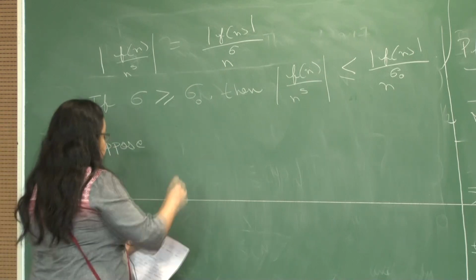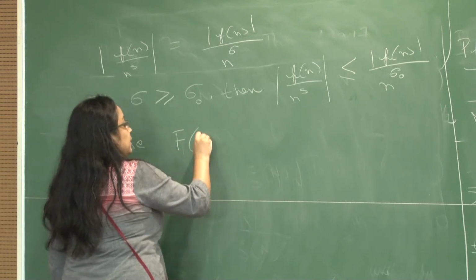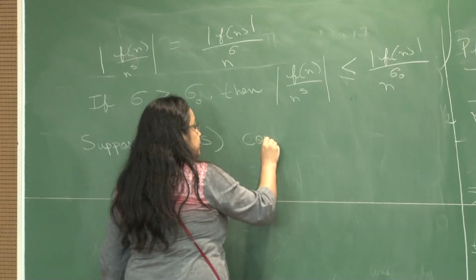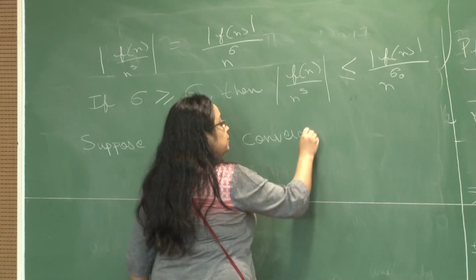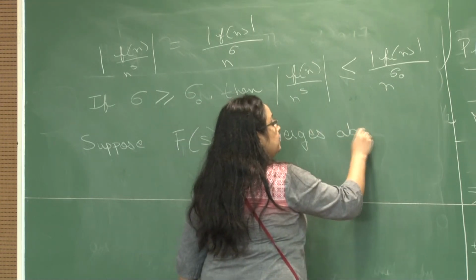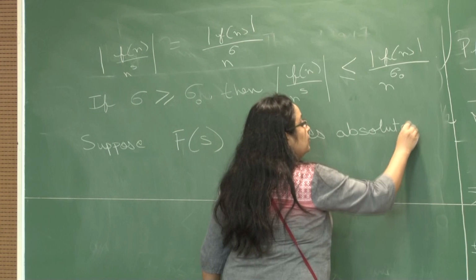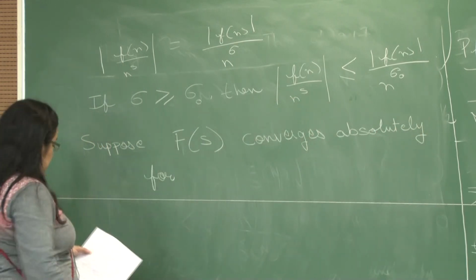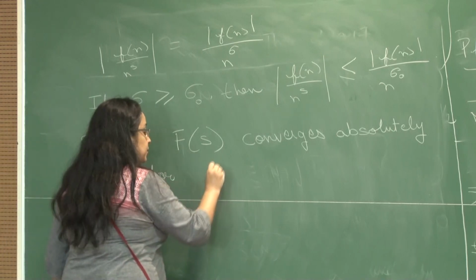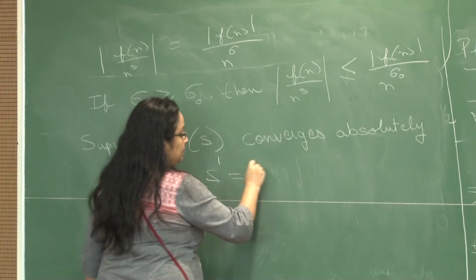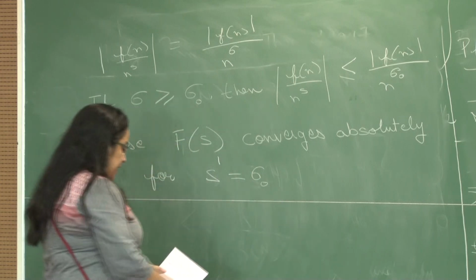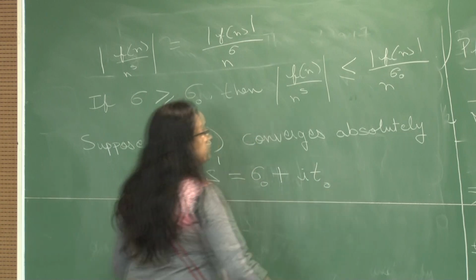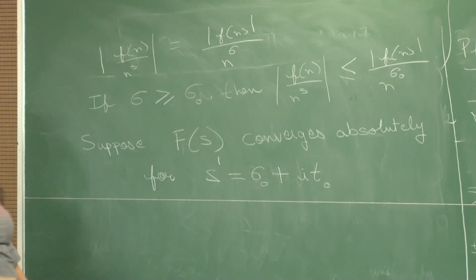Suppose you have the function F of s converging absolutely for some complex number s prime, which you can write as a real part plus i times an imaginary part.